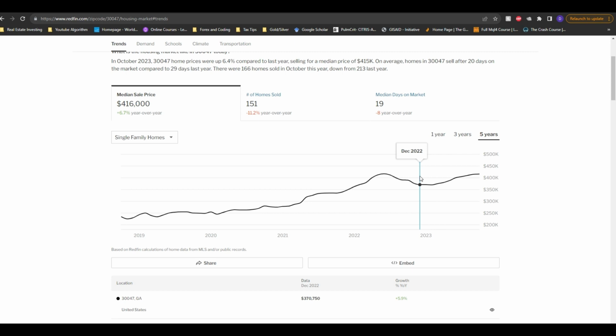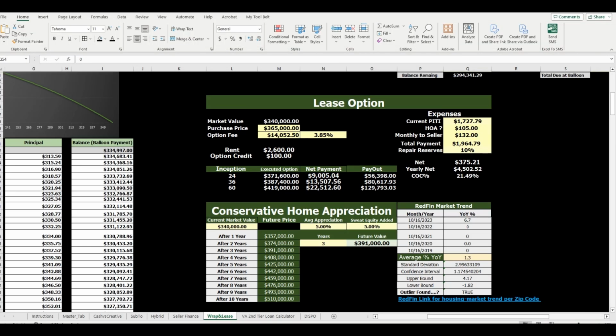We could be pulling from December's data, but we want to see if we can pull off of 5 data points. Having 5 data points is going to be far better in terms of a statistical agreement. So let's look at October. There was a year-over-year growth on this particular zip code of 16.4%.